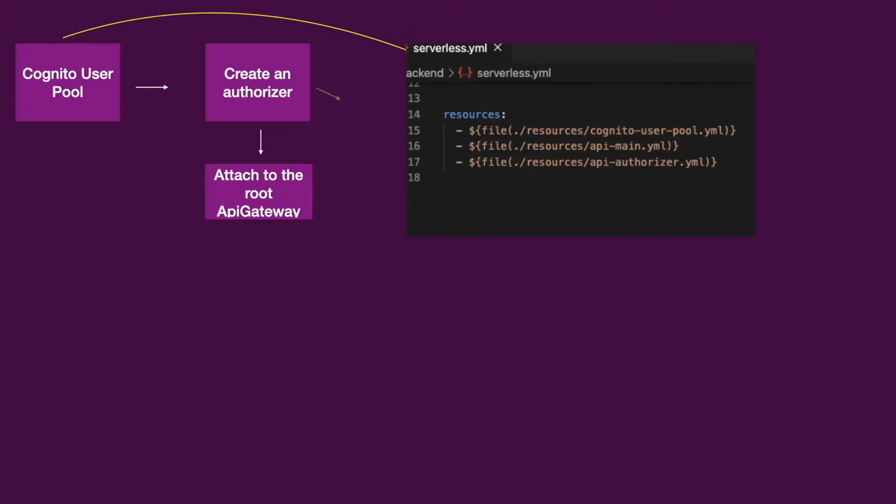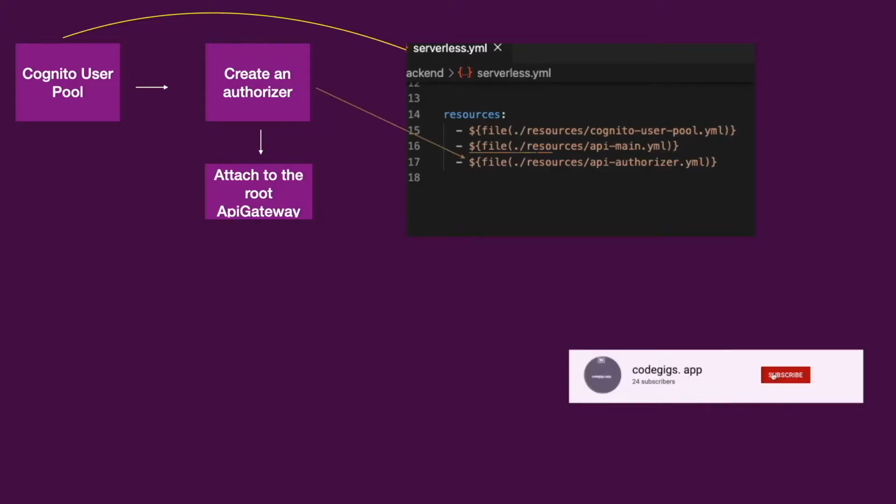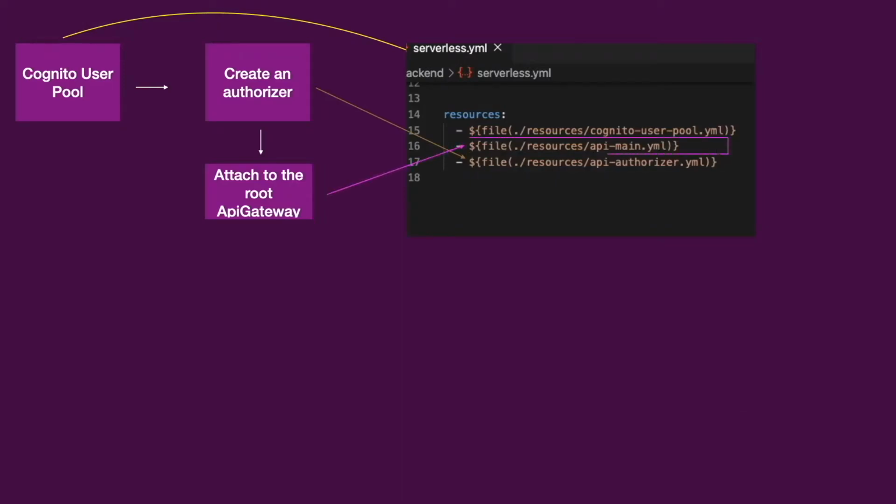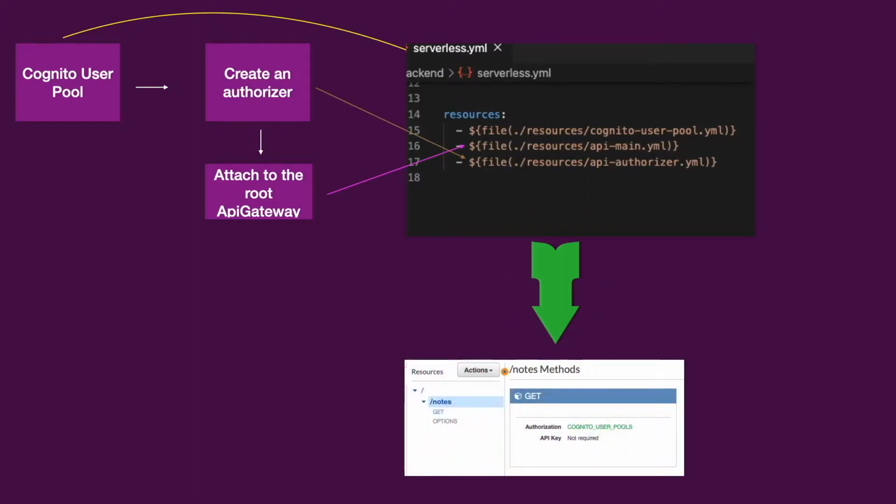And the custom authorizer would be defined by the API authorizer.yaml file on line number 17, and the root API gateway on line number 16 by defining a new file called API main.yaml. And once everything is developed, what we intend is to have our /nodes resource authorized by Cognito user pools.